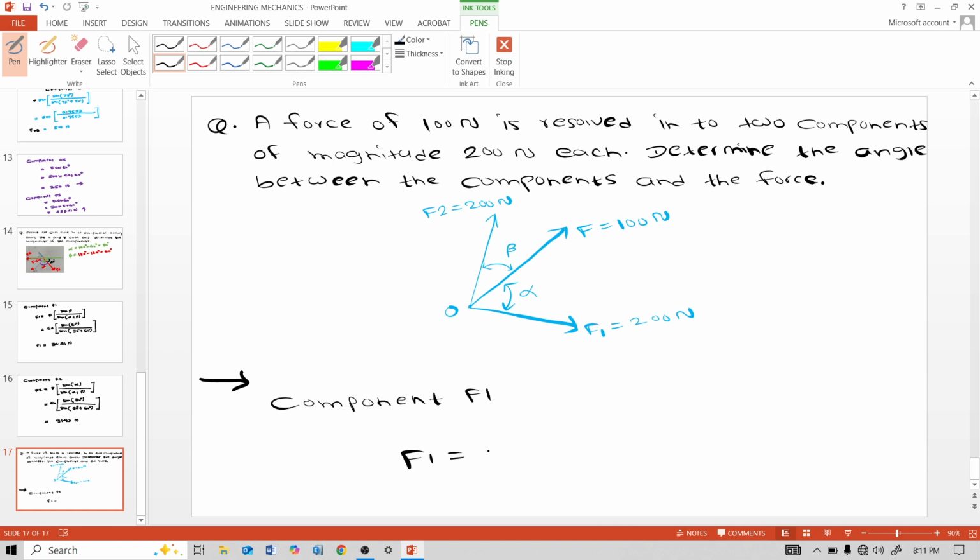F1, the oblique component, is equal to the force F multiplied by the sine of the angle between F and F2. The angle between the force F and the other component. Now we are calculating the F1 component, but in the numerator we will consider the angle between F and F2: sine of beta upon sine of alpha plus beta.